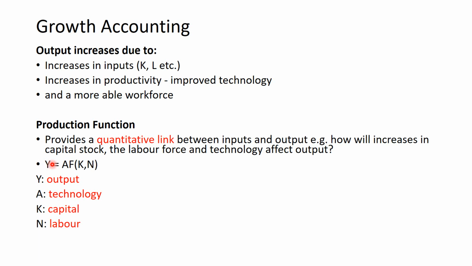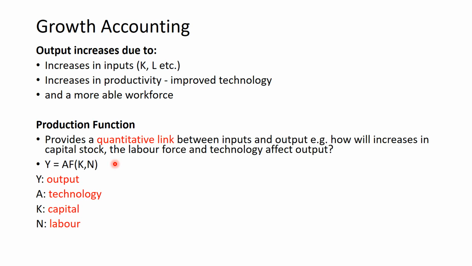Note that these are all uppercase letters, and that's because these are all referring to aggregate or total levels of output or total levels of capital or total levels of population sizes or total amounts of technology. What they're not yet referring to, and we will have to transform that production function into growth rates in order to be able to do this, but for now, that production function is all in levels.